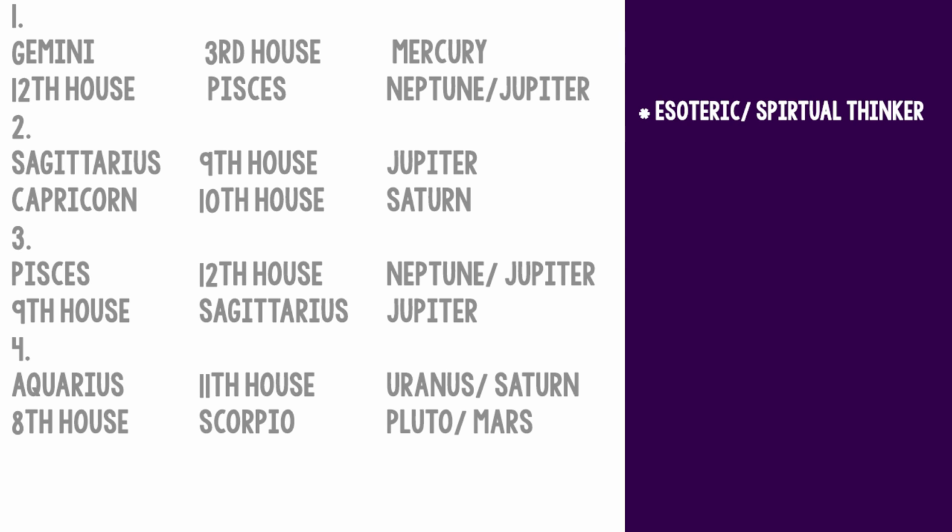Sagittarius and Pisces are the signs of big thinkers, visionaries, and believing in something of a higher power, something that we can't really see in this dimension. So when you put the three of these together, I'm thinking of the terms esoteric or spiritual thinker. So you're going to add that to the list.